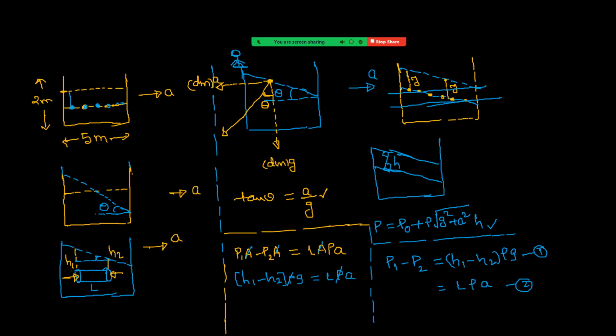And that value, between the layers with separation H, is P naught plus rho into square root of G square plus A square into H. Next, P1 minus P2 in terms of H1, H2, and in terms of L and A. So we have to keep these points in mind.